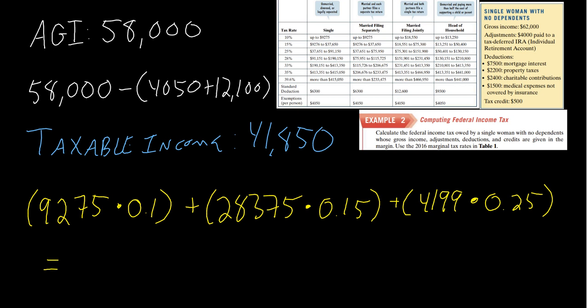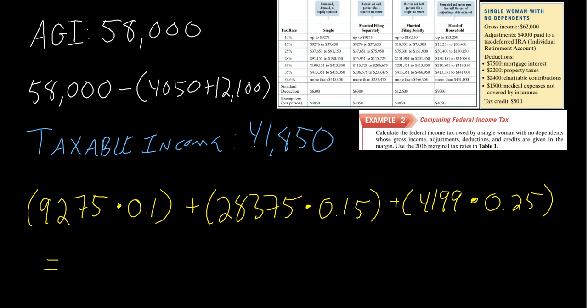Now, we're going to put this into our calculator and we're going to see how much taxes we owe. So 9275 times 0.1 plus 28,375 times 0.15 plus 4199 times 0.25. So we owe $6,233.